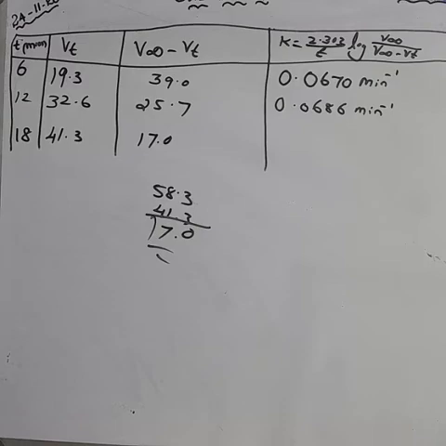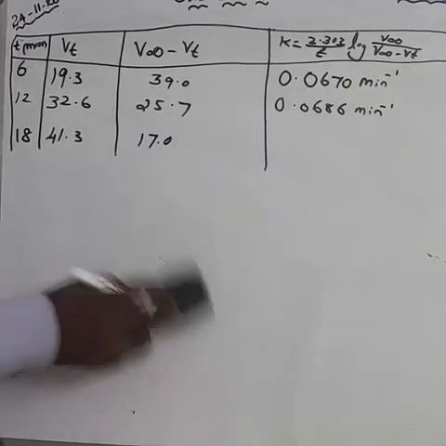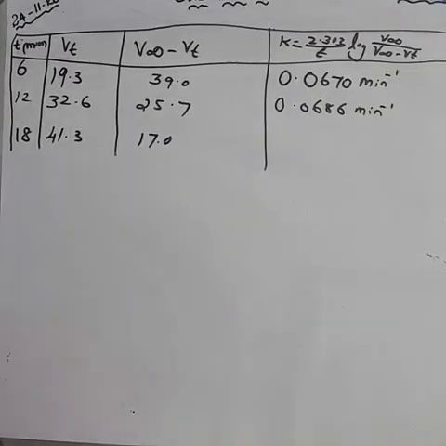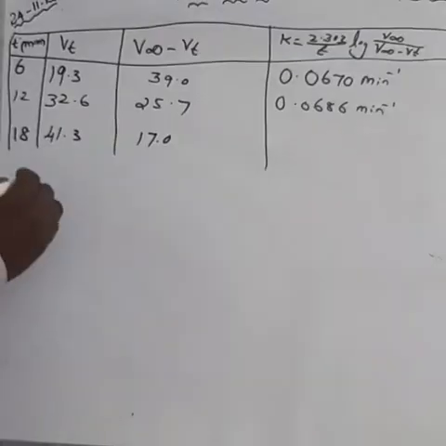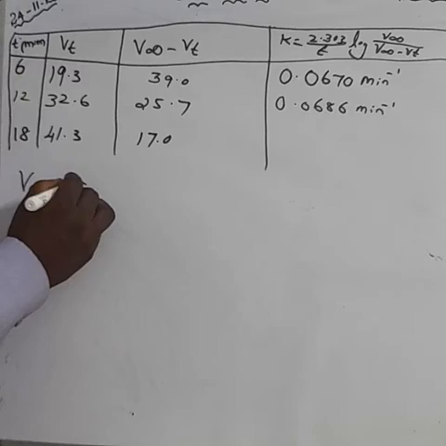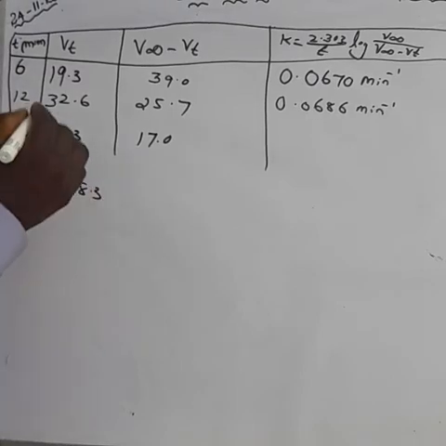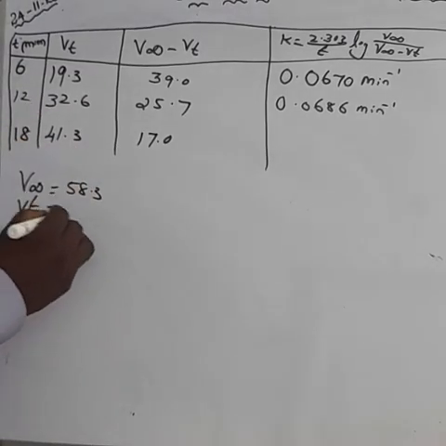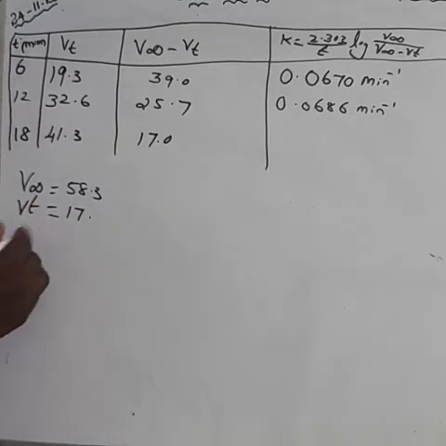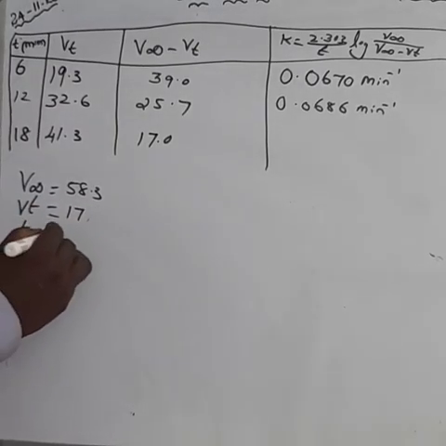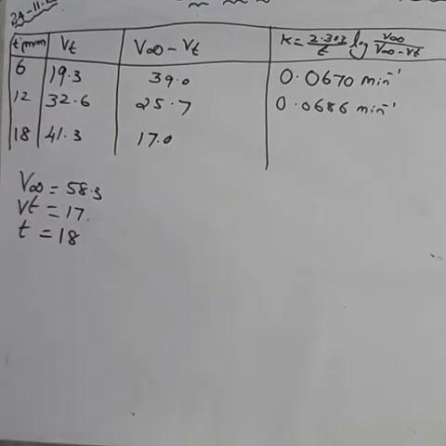So we get V infinity minus Vt. Substitute these values: V infinity is 58.3, V infinity minus Vt is 17, and t is equal to 18. These are the data.